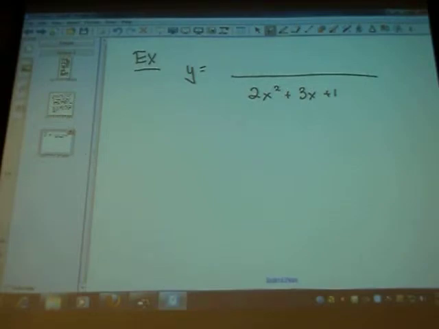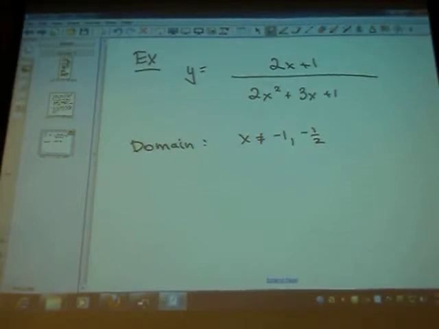So let's take the numerator down to a linear function of 2x plus 1. Now, I kept the denominator the same here because we already know the domain. Okay, we know that -1 and -1/2 were the excluded points, because those make the denominator equal to 0.